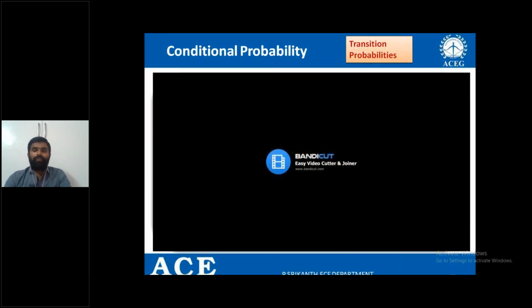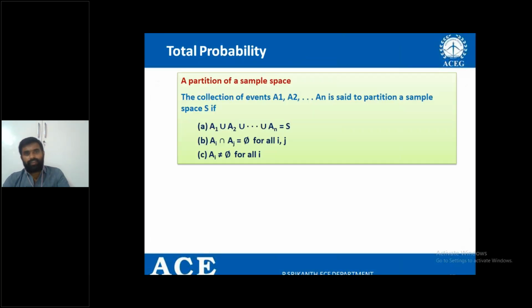And a yellow marble from bowl B, what is the probability? That you need to find. I repeat, we have taken two boxes with two differently colored marbles, each box having a combination of blue and yellow. There you are supposed to find the conditional probability.